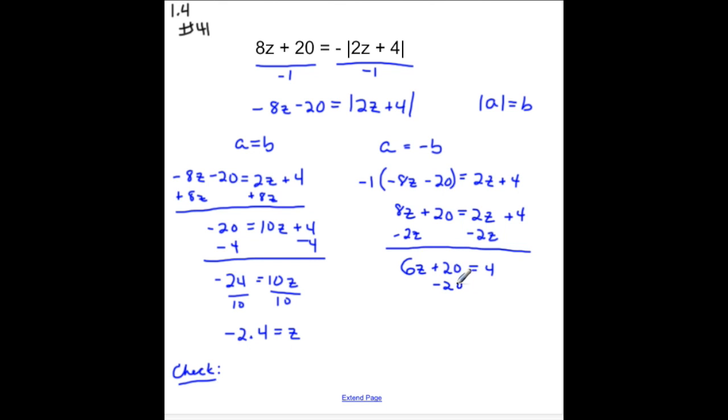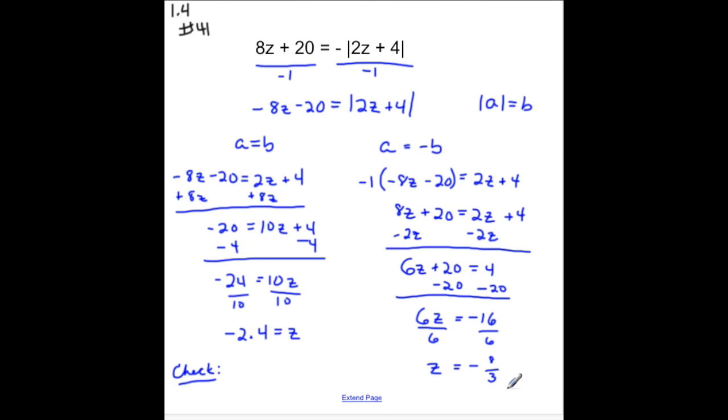So subtracting those 20s, I'm going to end up with 6z equals -16, and dividing that out, z here will be equal to negative, I can simplify this a little bit, 8 over 3.